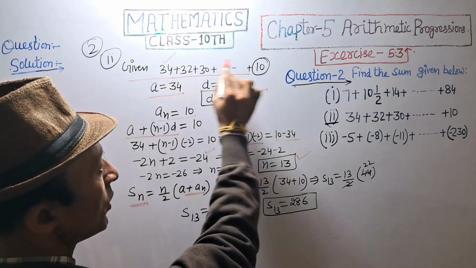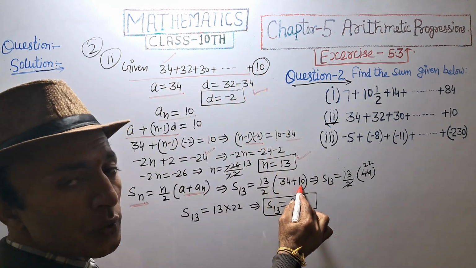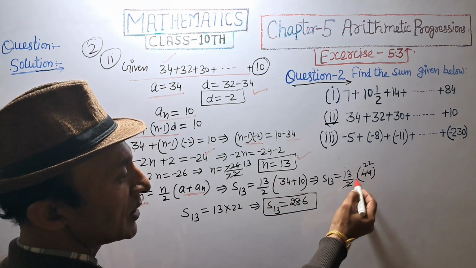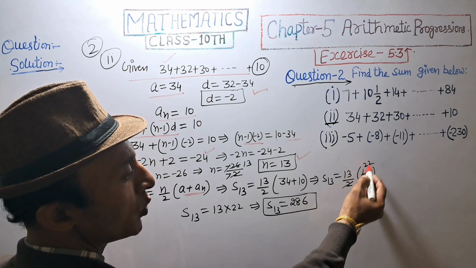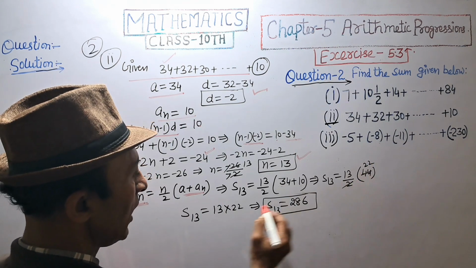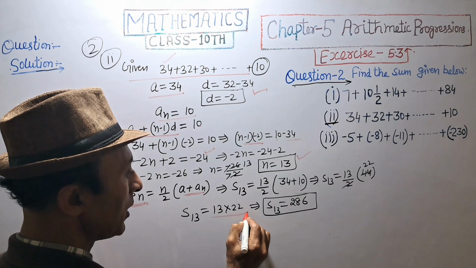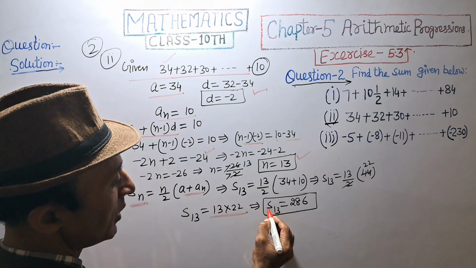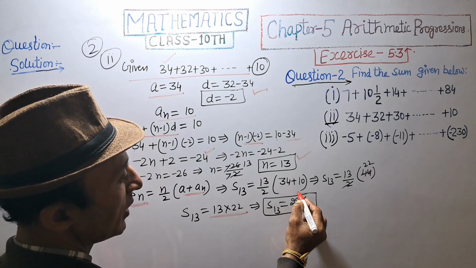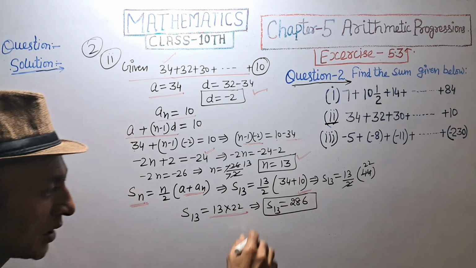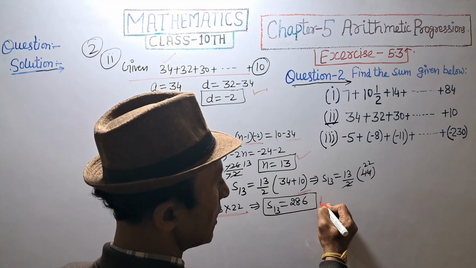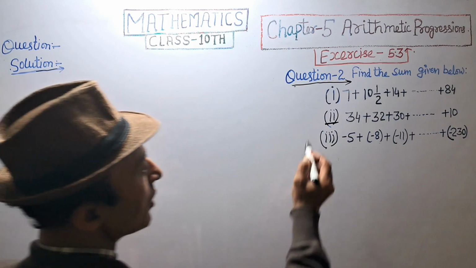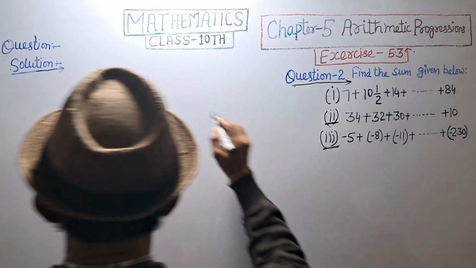A is 34 and an is equal to 10. 34 plus 10 is 44, which divides to 22, 22 2s are 44, and we multiply 22 and 13 and get the result 286. So S13 is equal to 286. Answer.